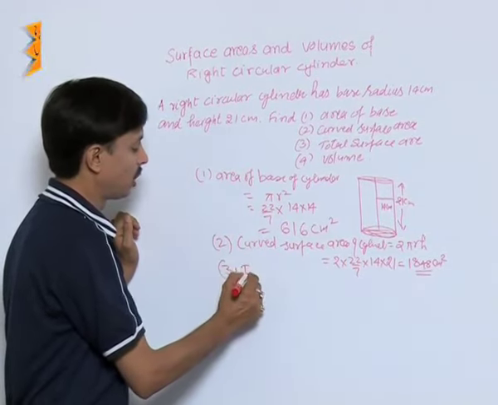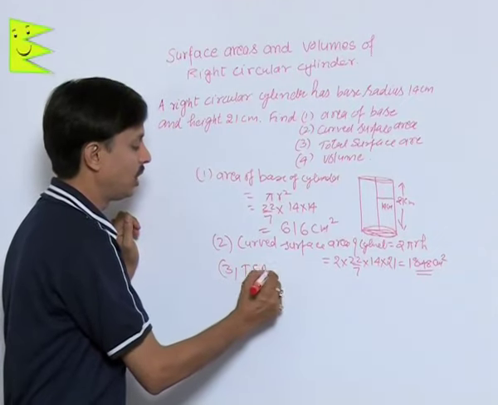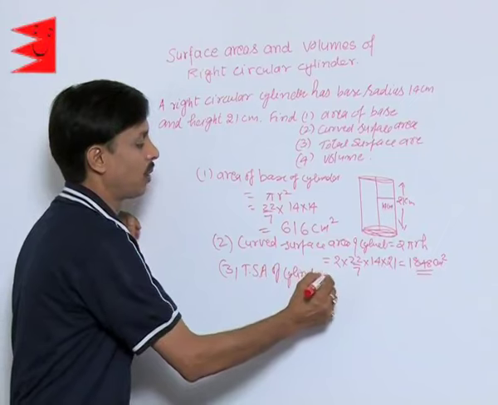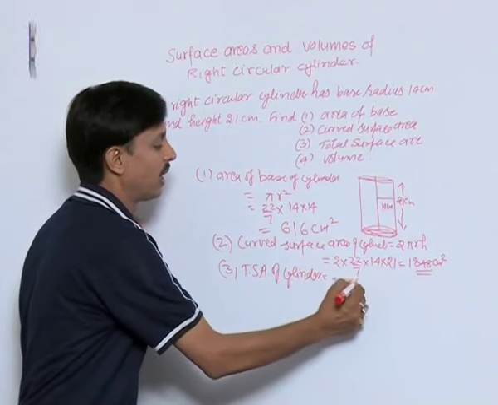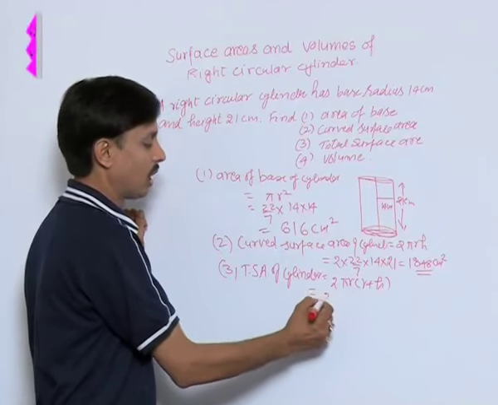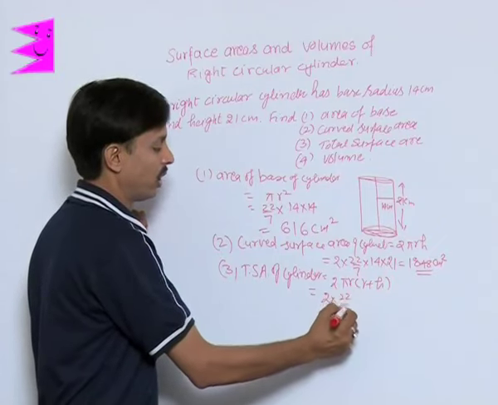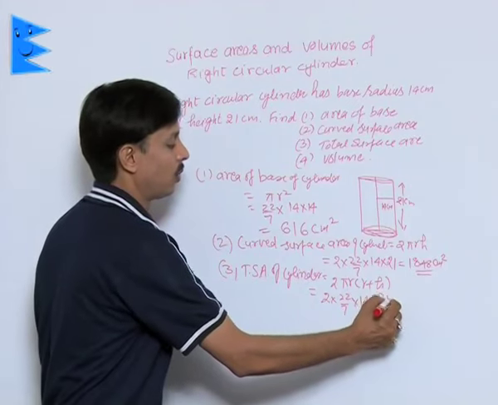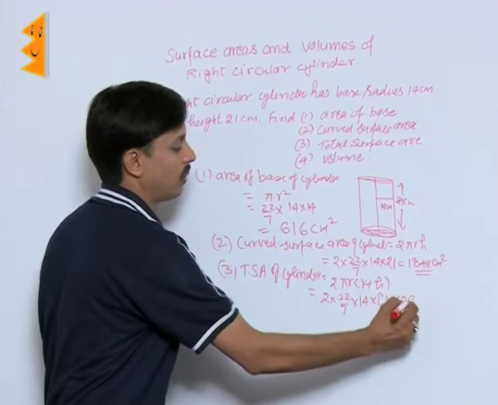Third, the total surface area, TSA of cylinder. The TSA of a cylinder formula is 2 pi r into (r plus h). That value will come 2 into 22 by 7 into 14 into (14 plus 21).